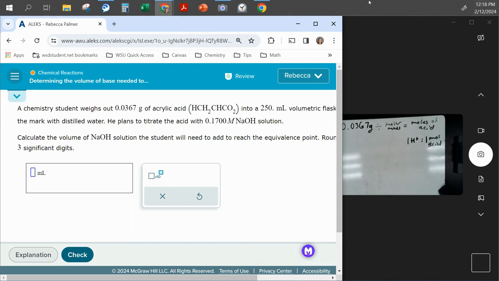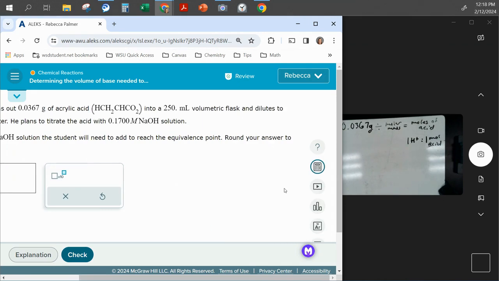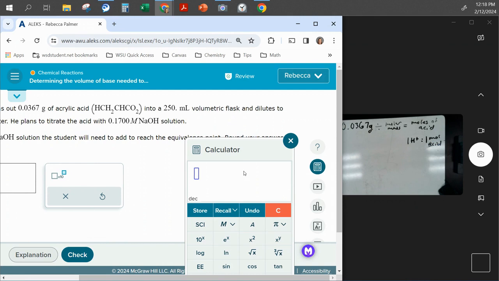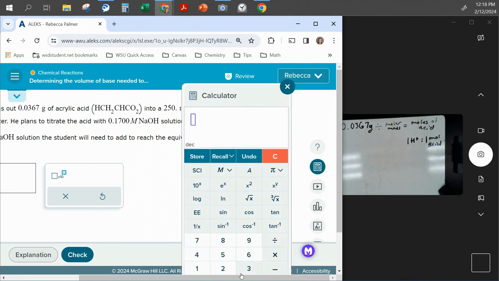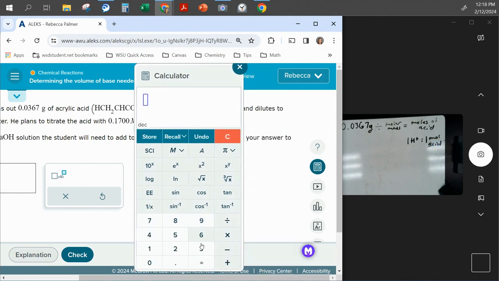So we would be multiplying by 1, but we don't need to do that. We know what will happen. Okay, so 0.0367 divided by the molar mass to get moles.